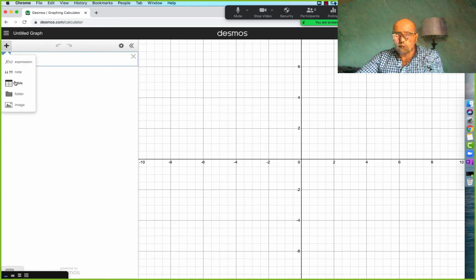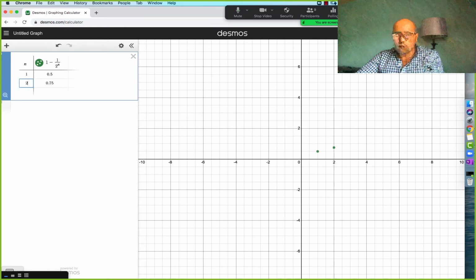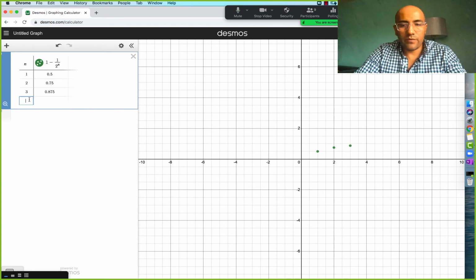See if we create a table and we have x, well, let's do n, and then we have 1 minus 1 divided by 2 to the power of n. Okay, and we start off with 1, that maps to a half, 2 maps to 0.75, 3, then 4, then 5, 6, 7, right?